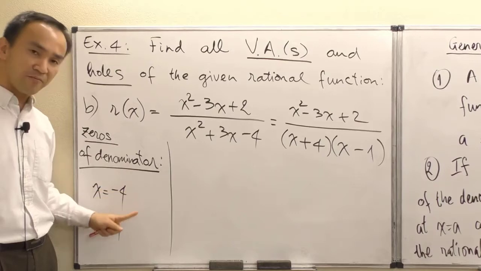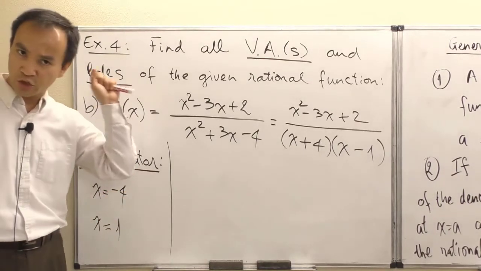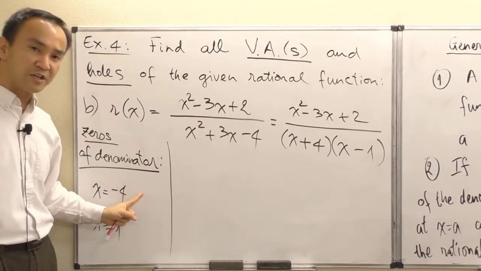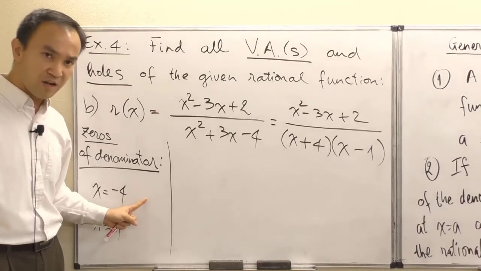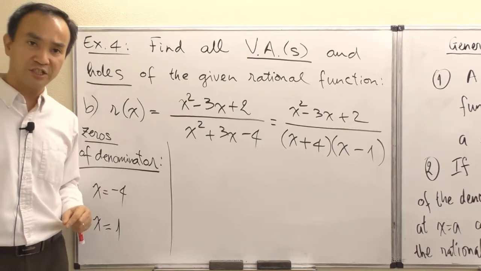So directly from any of these zeros, let's just get straight into determining whether it will become a hole or not. If it's not becoming a hole, then it stays as a VA by default.